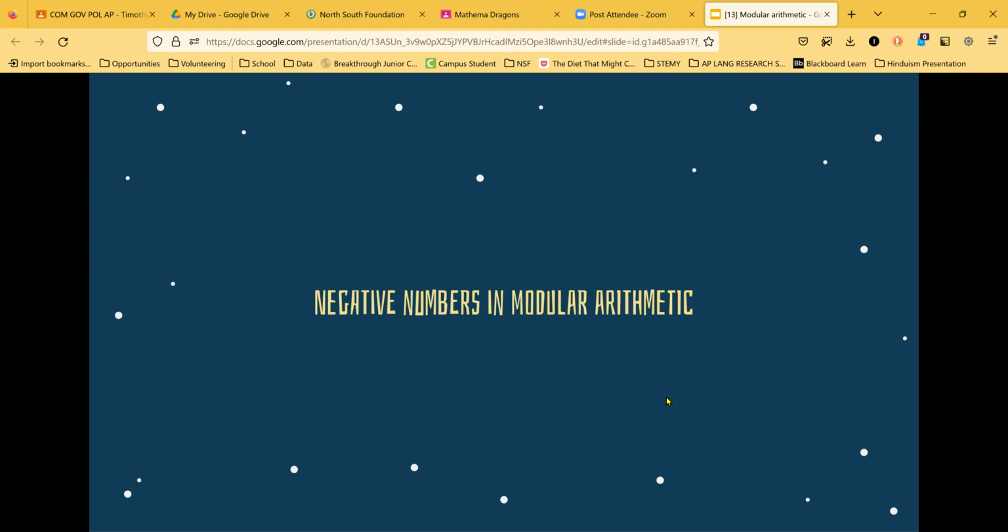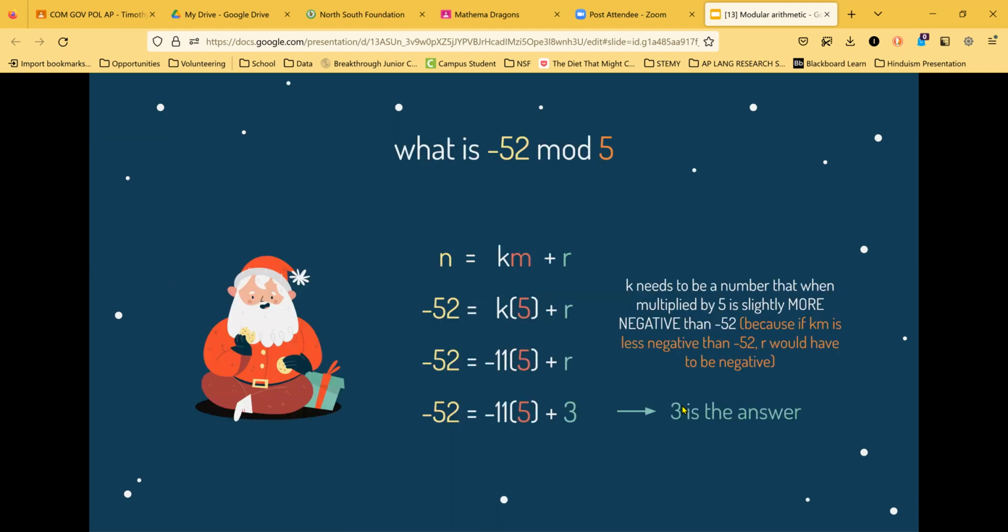So another thing you might be wondering is how to do negative numbers in modular arithmetic. Like how would we find, for example, negative 52 mod 5?